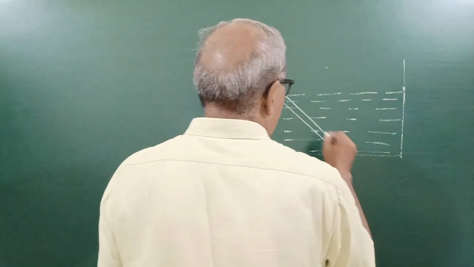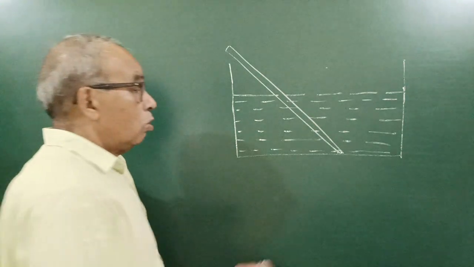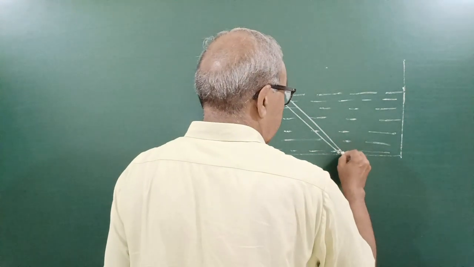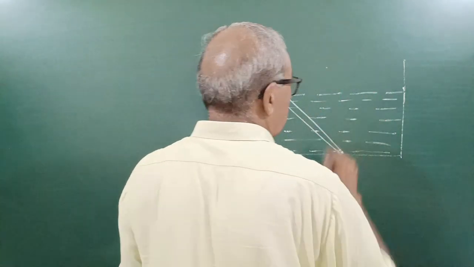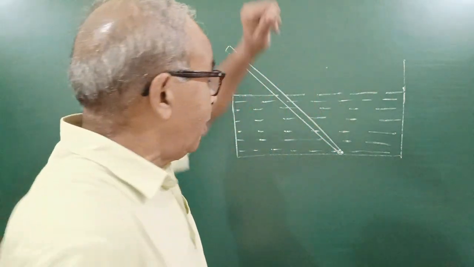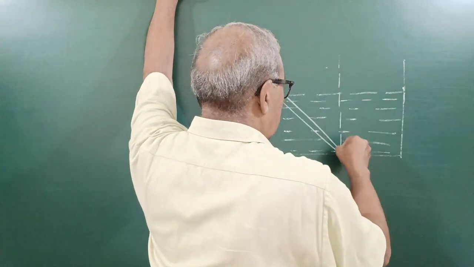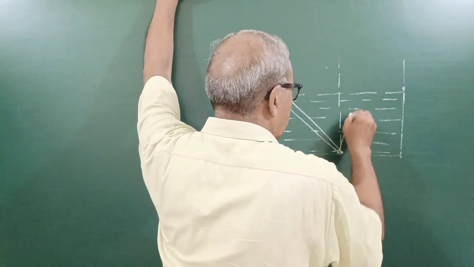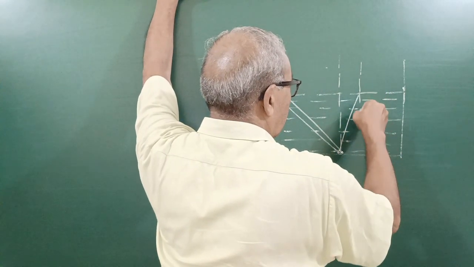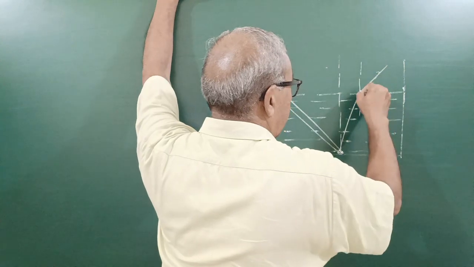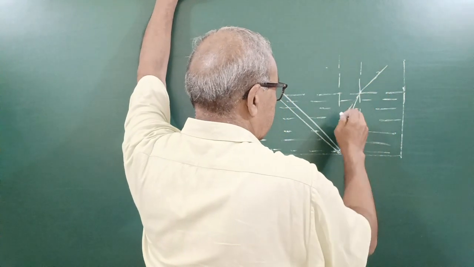Now any object is seen when light comes from the object. So light will come out from the glass rod, and you know when light goes from denser to rarer, it bends away from the normal. So here is the normal, and suppose the light goes this way. It bends away from the normal like this and appears to come from this point.